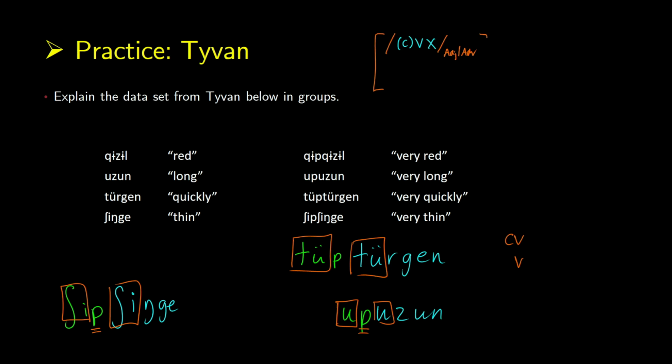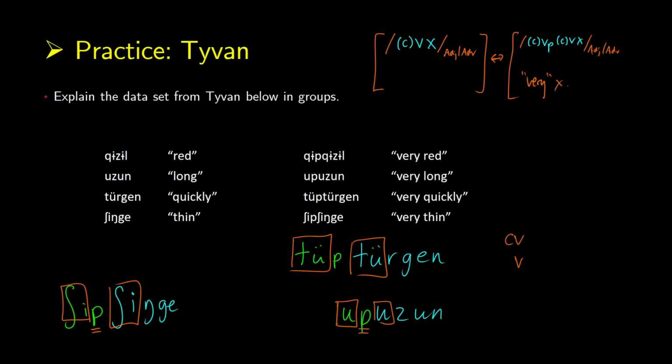Okay, and this is going to correspond with, well, what we're going to do here is, if we have a C, we'll repeat the C, we'll repeat the vowel, we'll add a P. Again, that C is optional, and then we'll get the remainder of what we had before. So this is going to be the same thing, adjective or adverb, and this is the form very X.